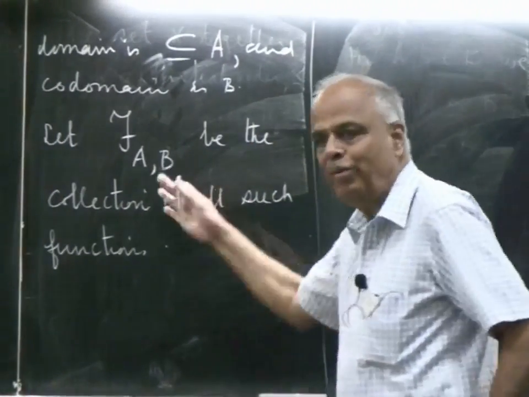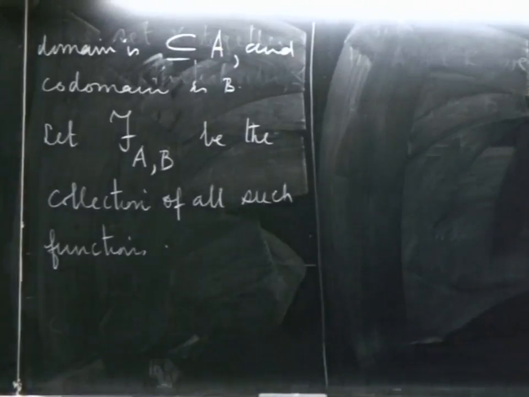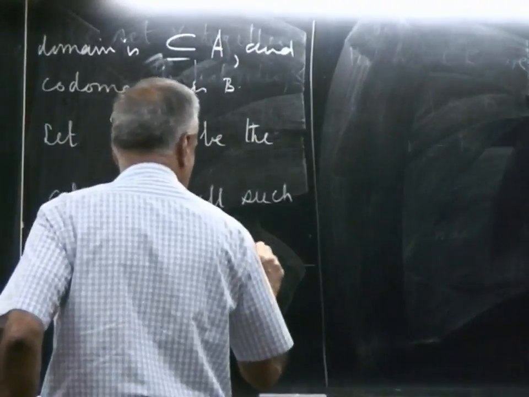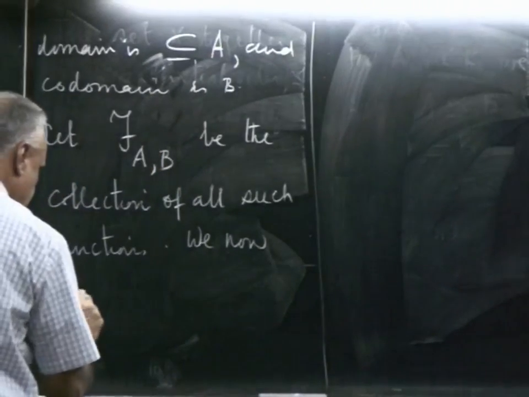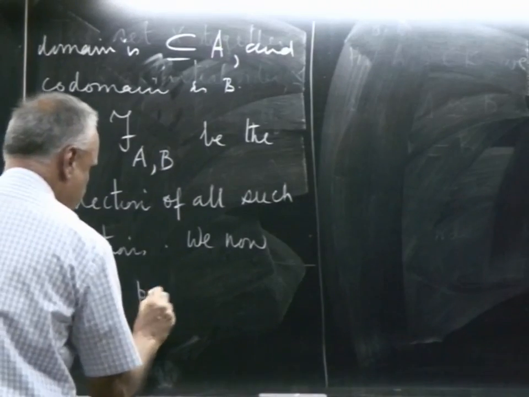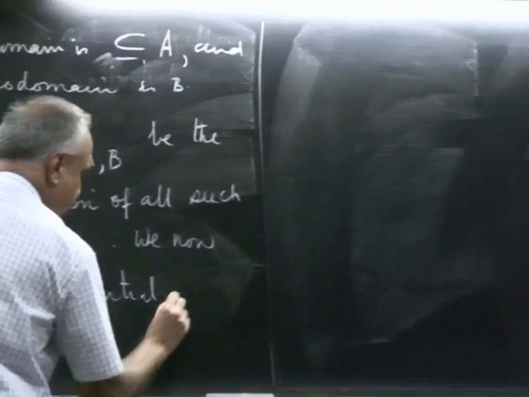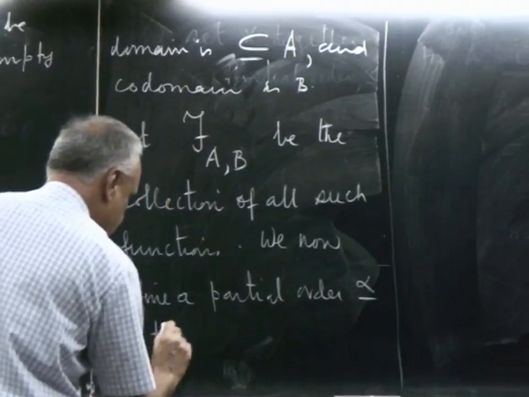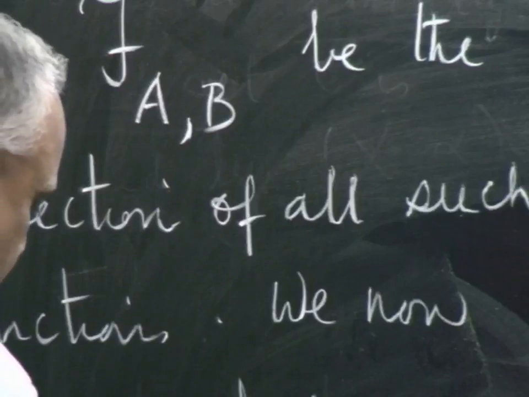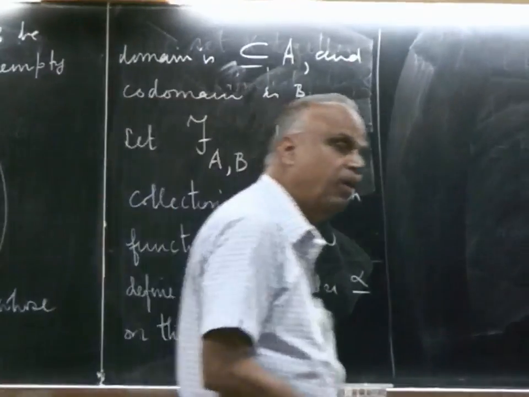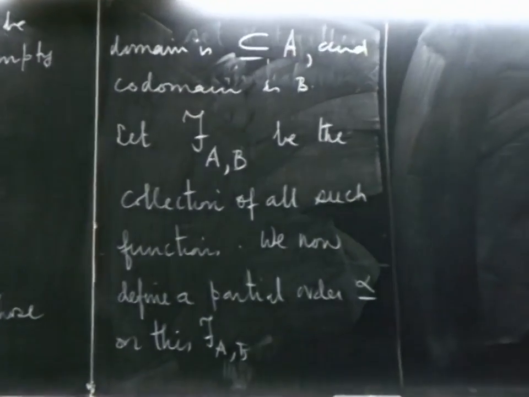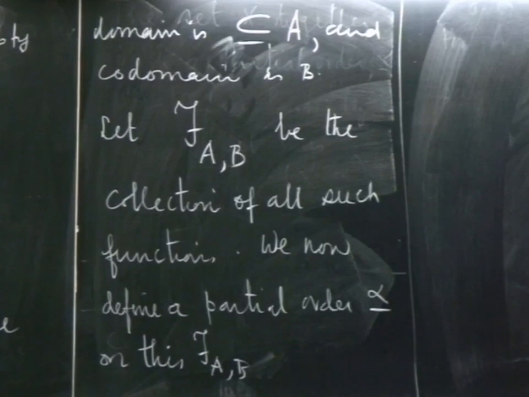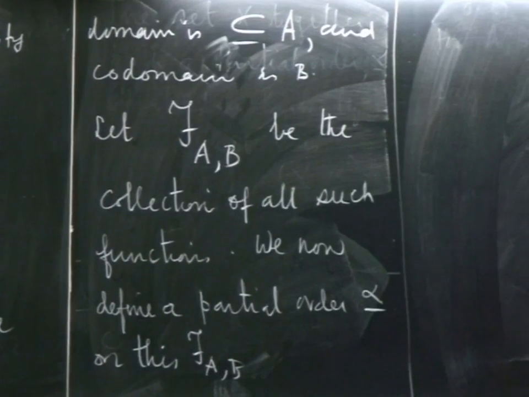Now, I am going to define a partial order on this set of all functions. So, we are going to say when such a function is related to another such function. Okay.